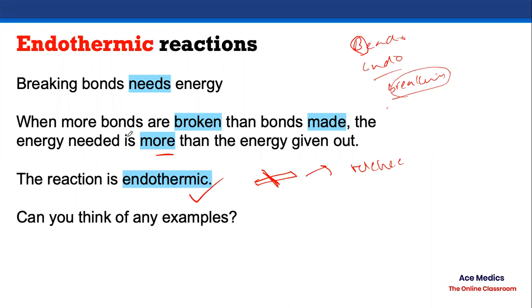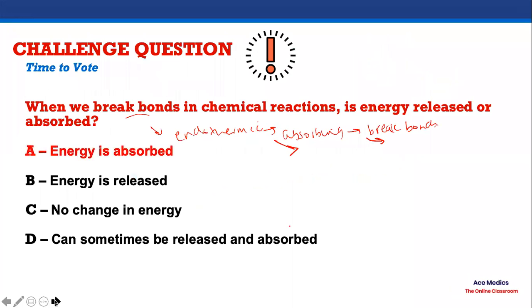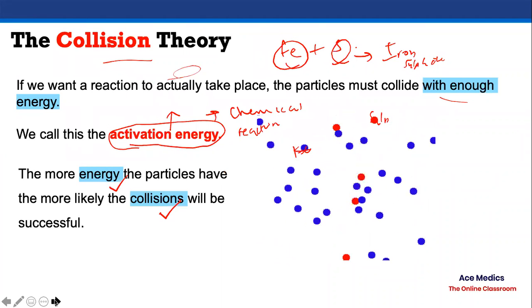So when more bonds are being broken than the bonds that are being made, the energy needed is more than the energy that is given out. Okay, because remember, breaking bonds requires you to put in that energy. So you will take in that energy from the environment. That's why the temperature of the surroundings decreases, remember.